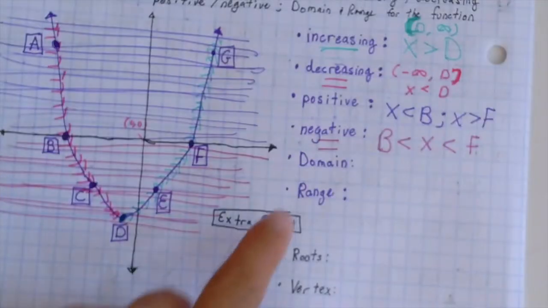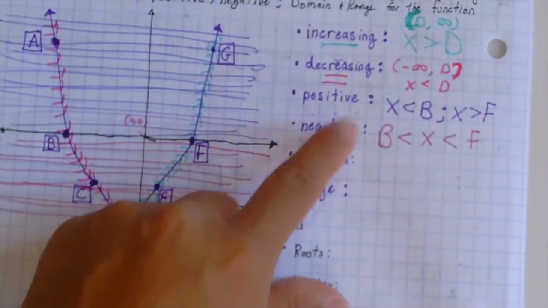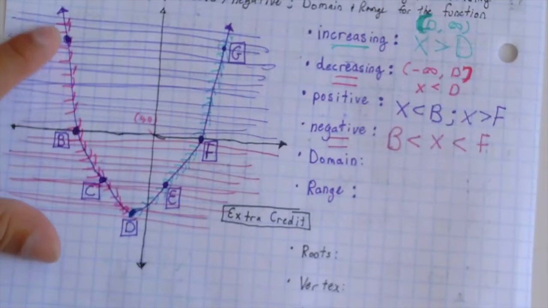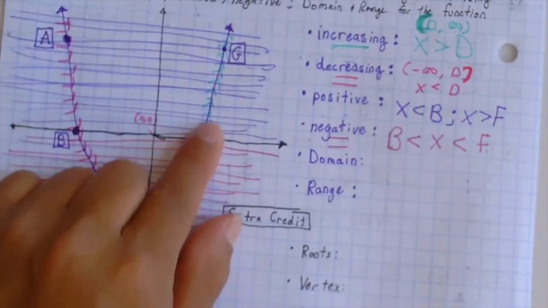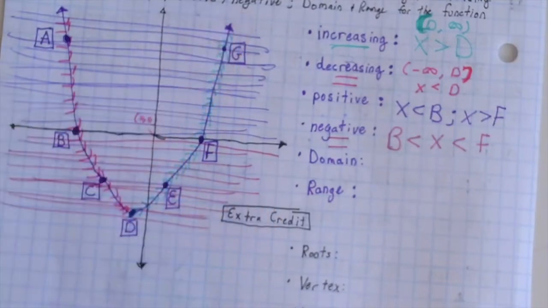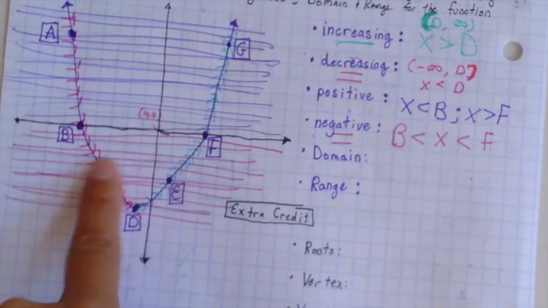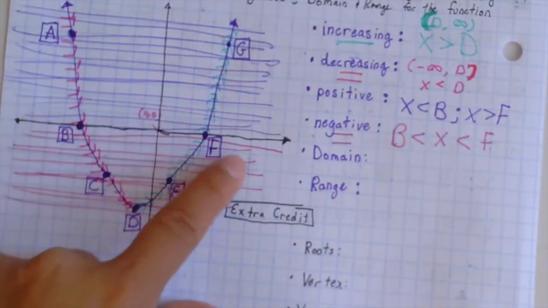So now we color it in when it is positive, when we color it in as negative. It is positive when it's less than B, the purple area, and it is positive when it's greater than F. Now looking at how we colored in the pink side, which is below the x-axis, we also identify the two x-intercepts.